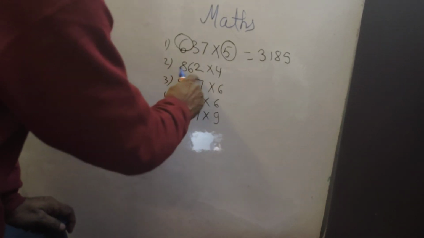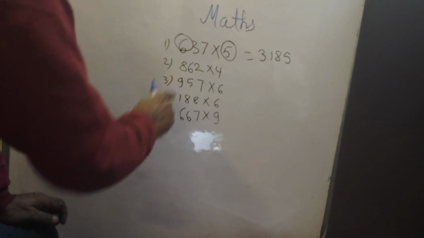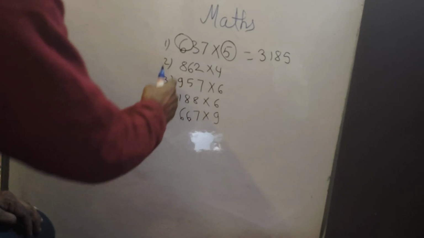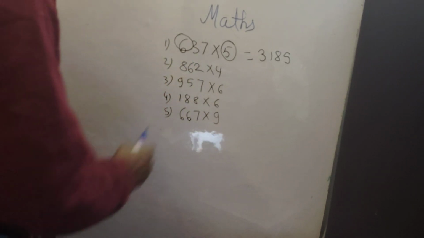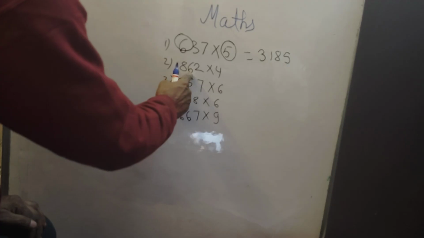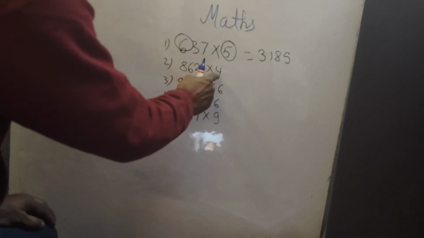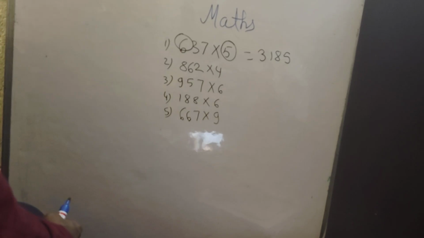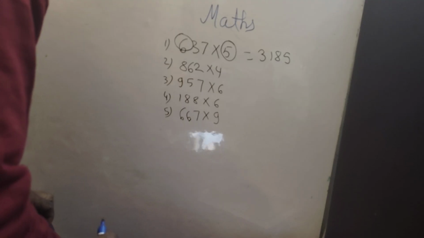Similarly, 862 multiply 4. So 800 multiply 4, because the place value of 8 is 800. So 800 times 4 is 3200. 3200 plus, this is the tens place, its place value is 60. So 60 multiply 4 is 240. We add 240 to 3200.